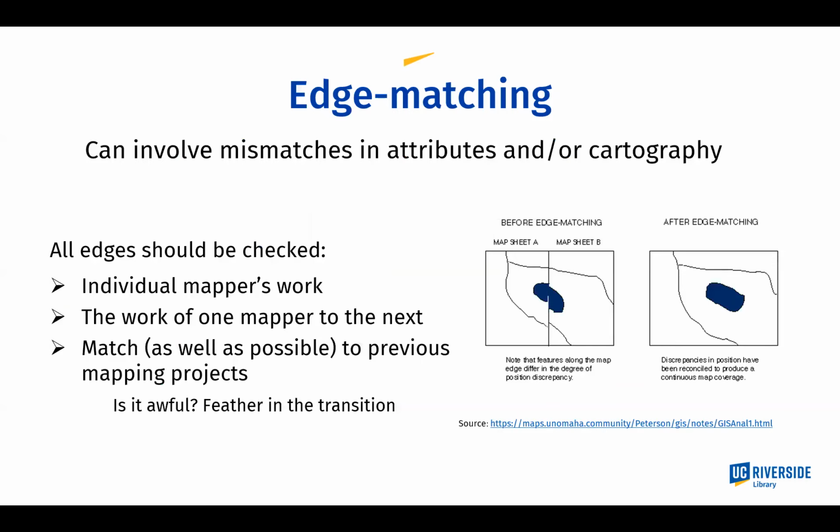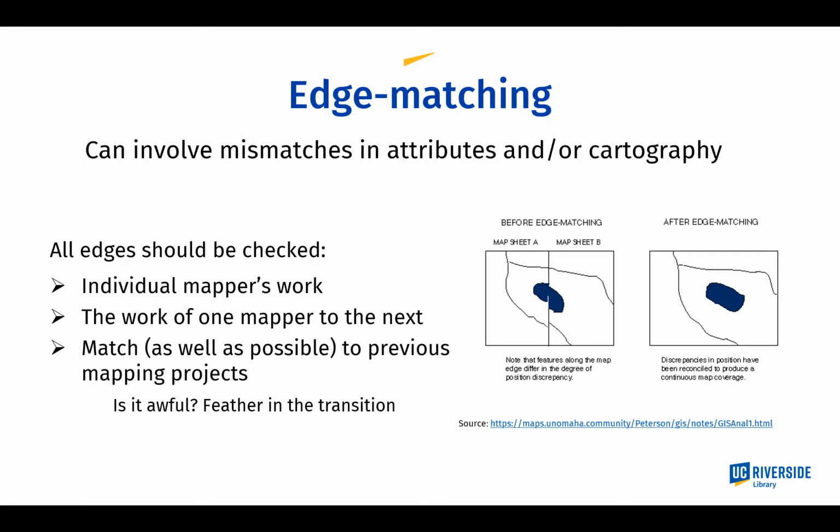And then edge matching. If your project is going to involve different subsets of the area being mapped, it's going to be important to take a look at what happens as you bring two different sub-areas together.